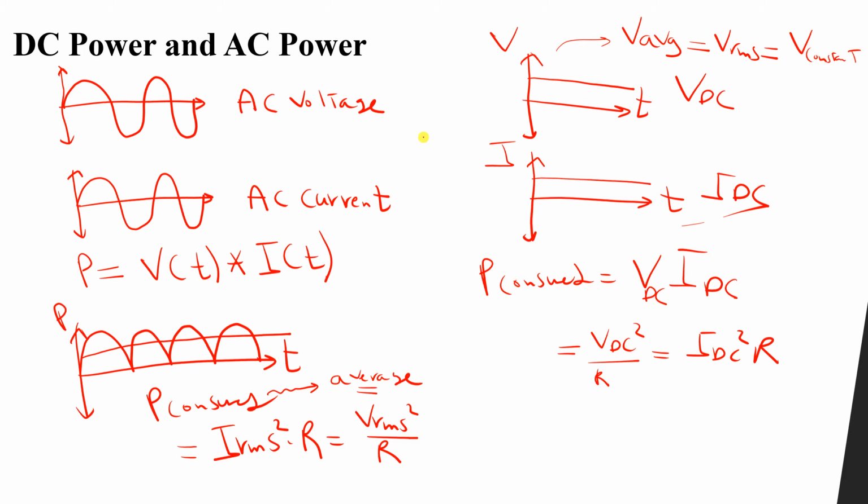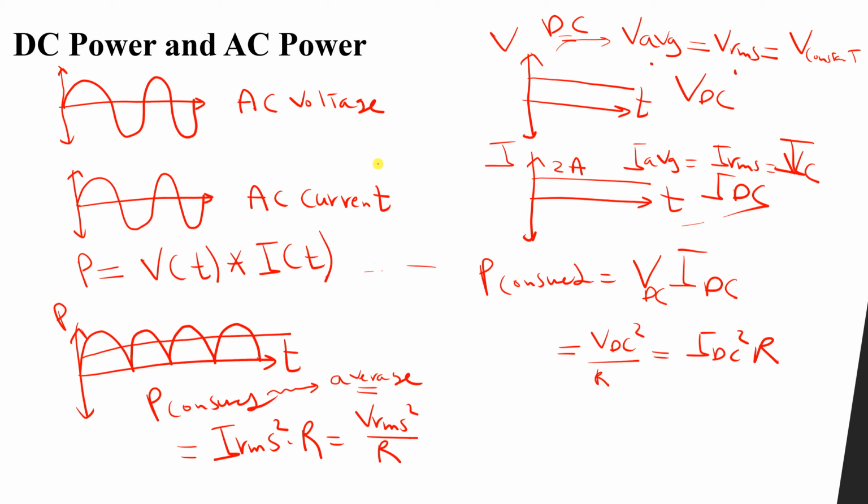Similarly, I average is equal to I RMS, equal to the constant current. For example, if this value is 2 amperes, the average is 2 amperes, the RMS is 2 amperes, and so on. So in a DC system, average is similar to RMS.